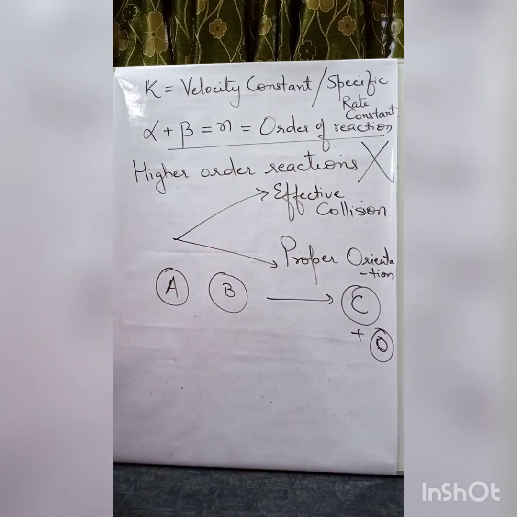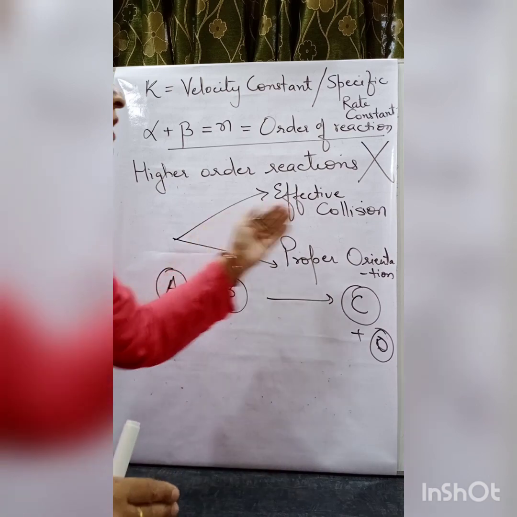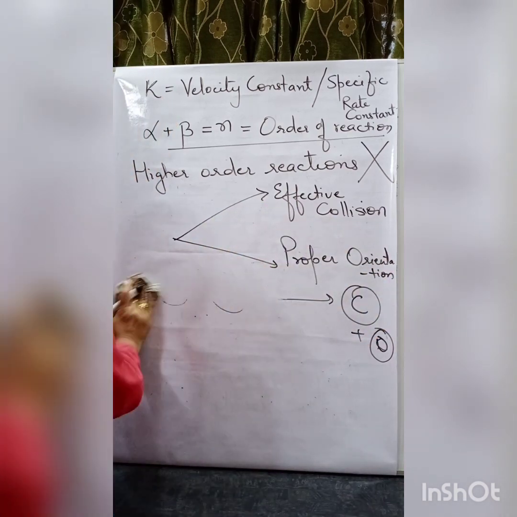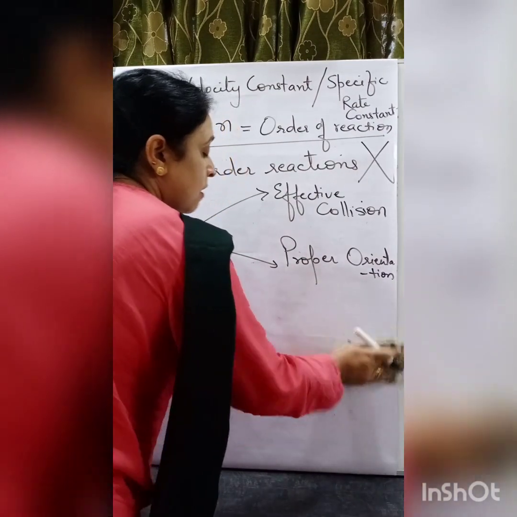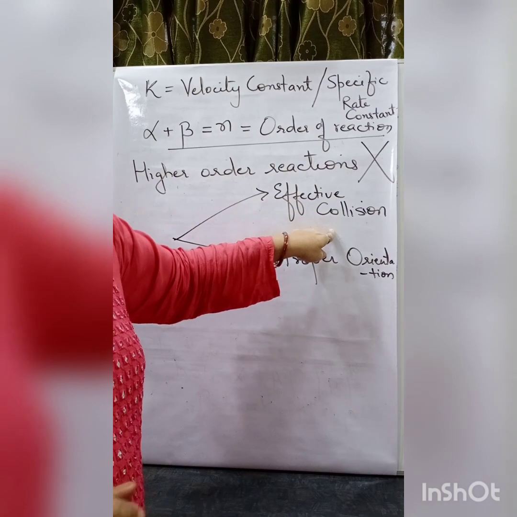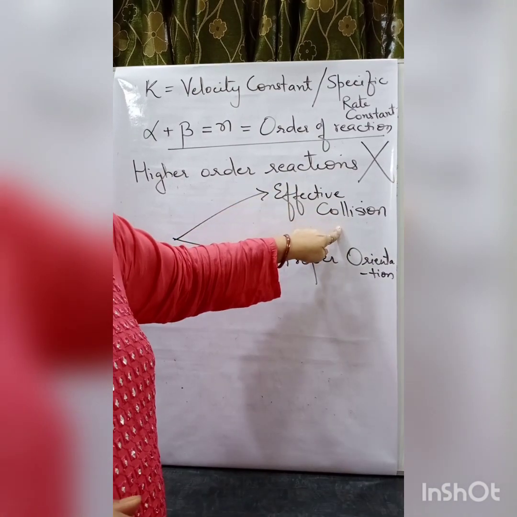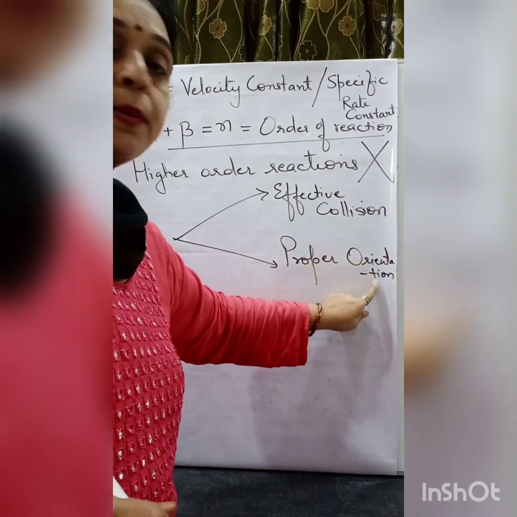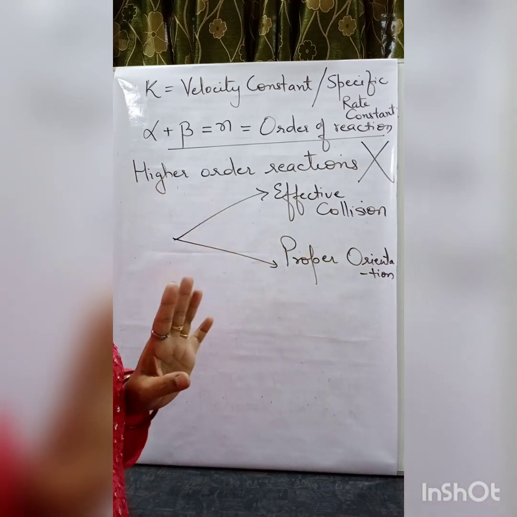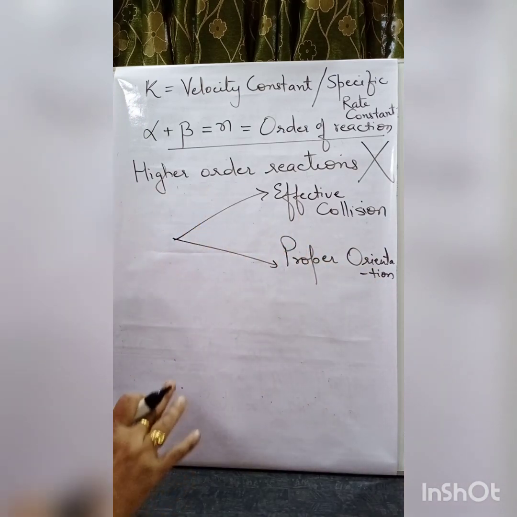All the molecules undergoing collision will not result in the formation of product. Only those molecules which collide in a proper manner, that is why we say effective collision, and in a proper orientation get converted into product molecules.